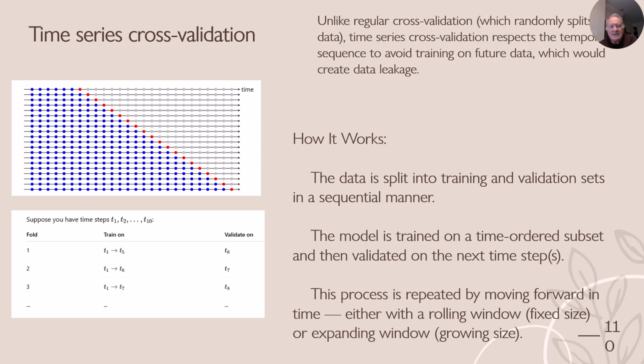How this works is that the data is split into training and validation sets sequentially, and the model is trained on a time-ordered subset and then validated in the next step. This process is repeated by moving forward in time, either with a rolling window of a fixed size or an expanding window with a growing size.